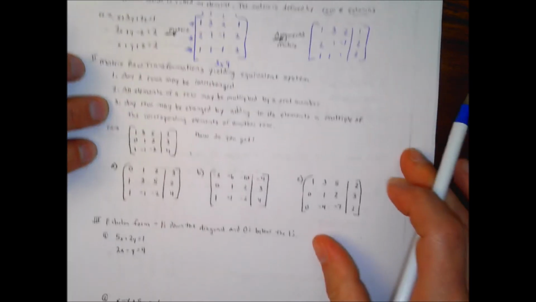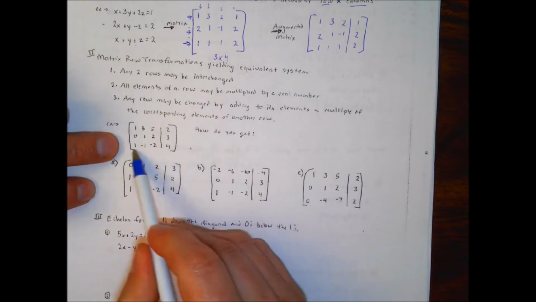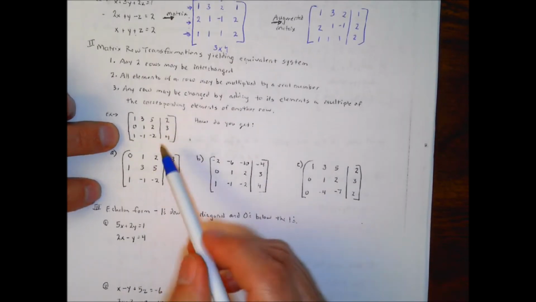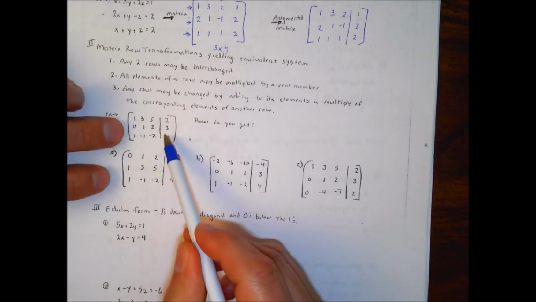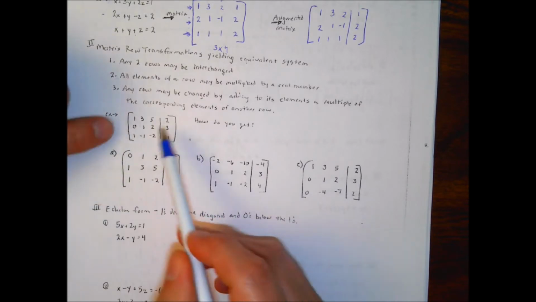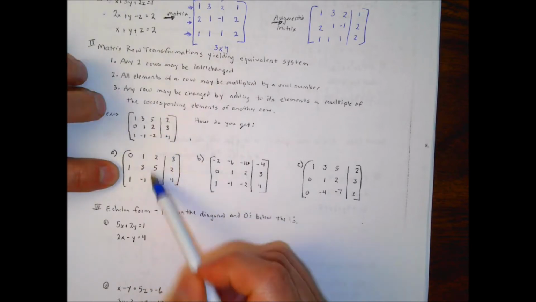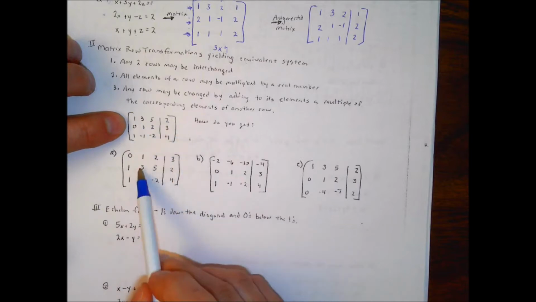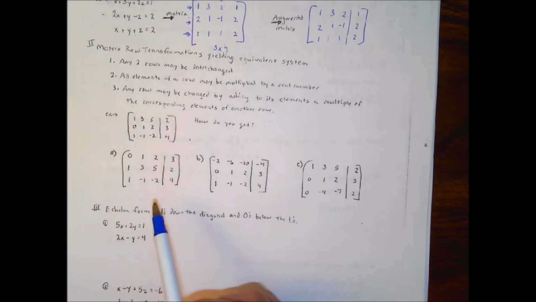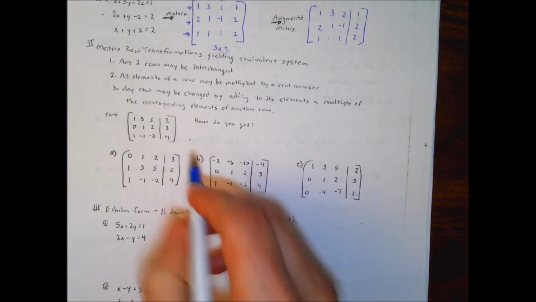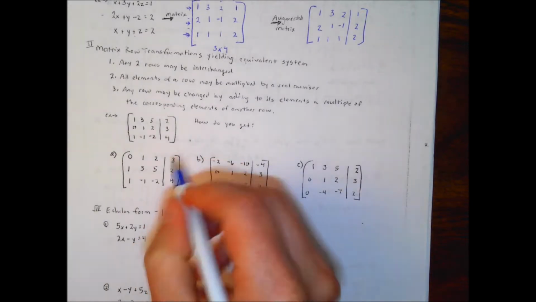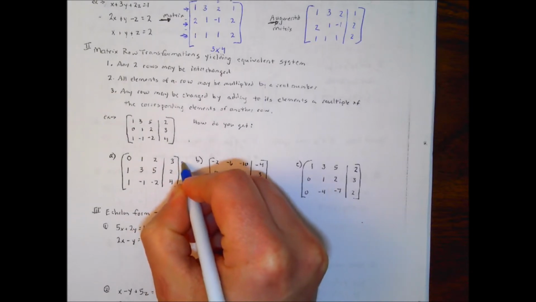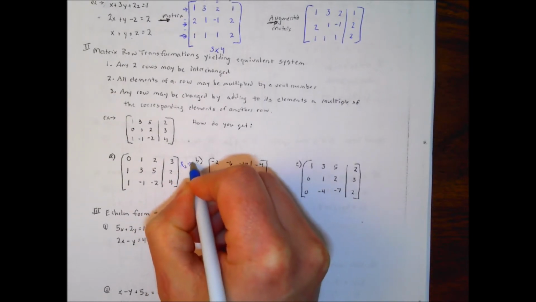Right here, this is what we want to start with. This is our starting equations. We just want to identify how we get from this step to this step. Looking at this one and this one, how are they different? Notice those 2 are interchanged. This is the notation we can use: we got this one because we took R2 and put it in R1.